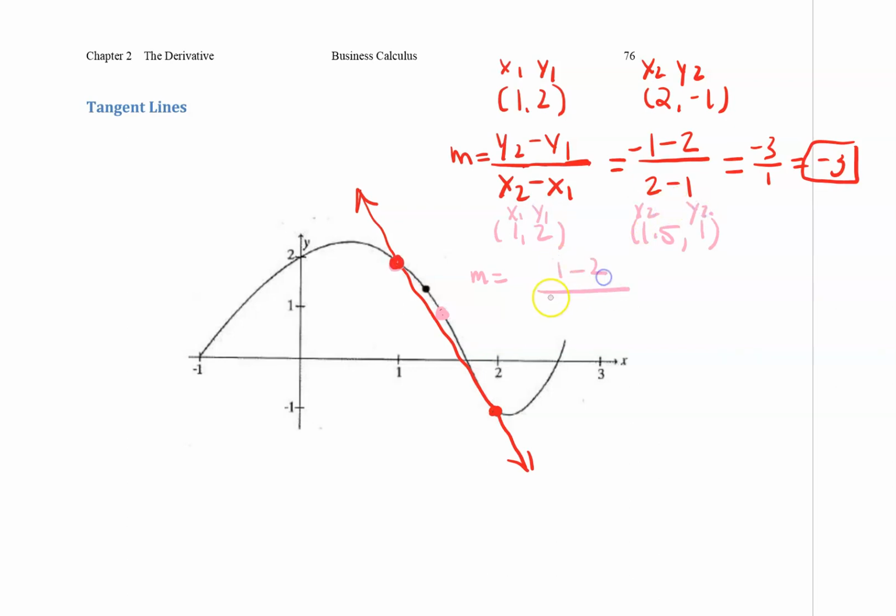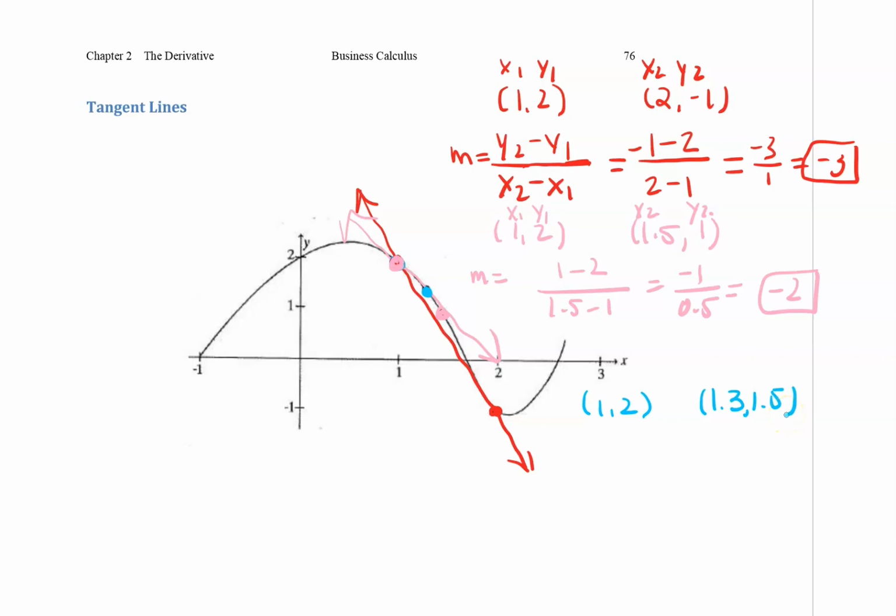So 1 minus 2 over 1.5 minus 1 gives me negative 1 over 0.5, so I get negative 2 for the slope. If I connect these two dots, I get the secant line through these two, and the slope has now changed to negative 2. Now I'm going to keep working through this and look at the slope between another point. I'm going to get a little bit closer here, so I'm going to look at the point (1, 2) and the point (1.3, 1.5).